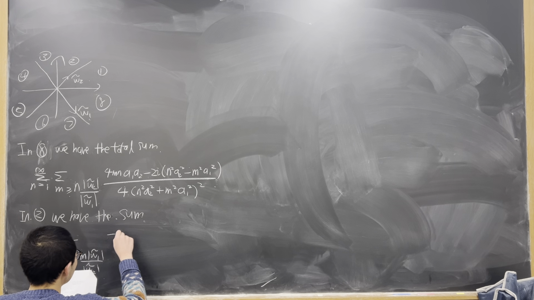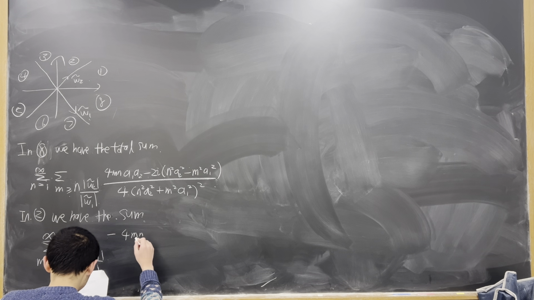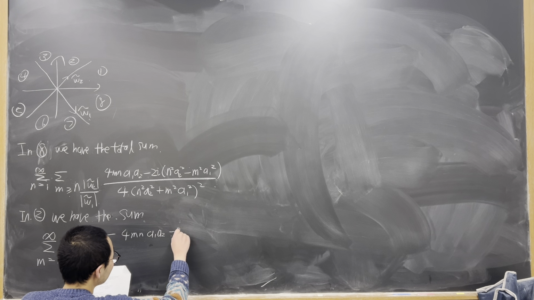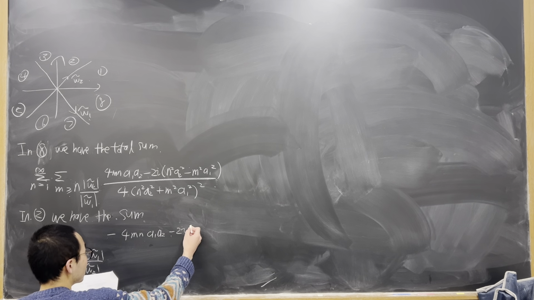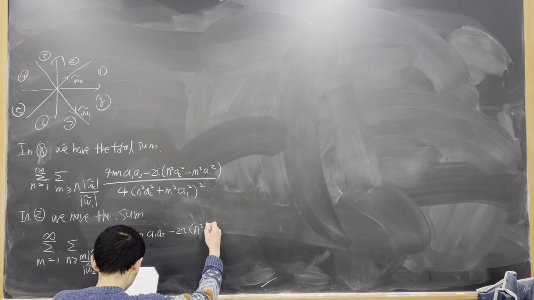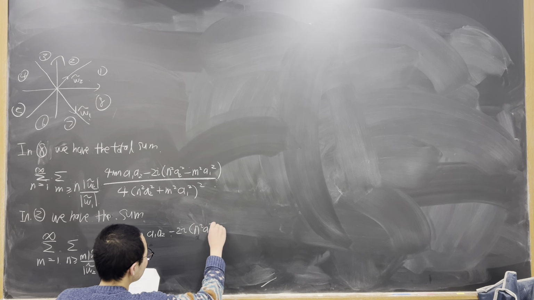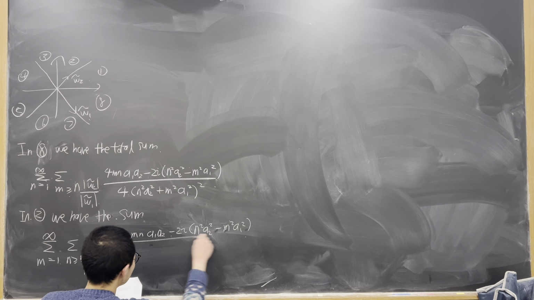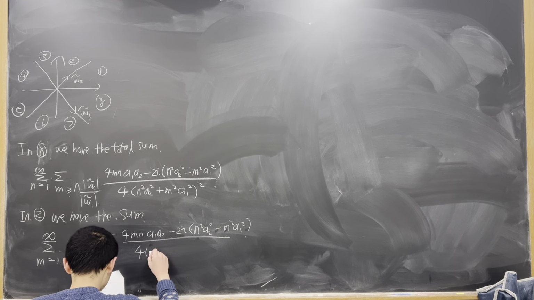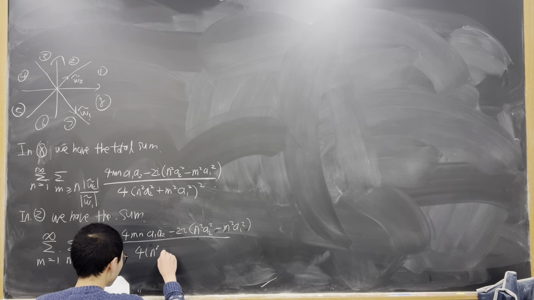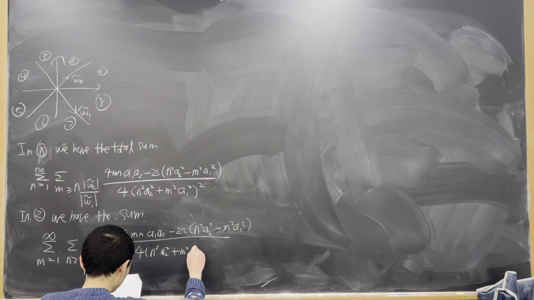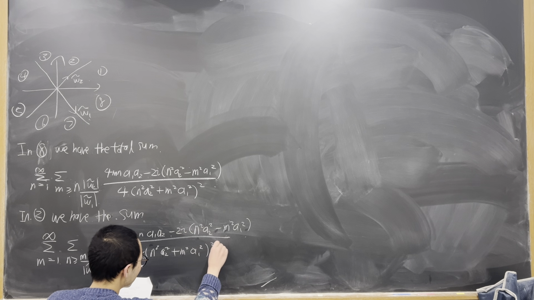Okay, so negative 4mn a1 a2 minus 2i times n squared a2 squared minus n squared a1 squared, over 4 n squared a2 squared plus n squared a1 squared.